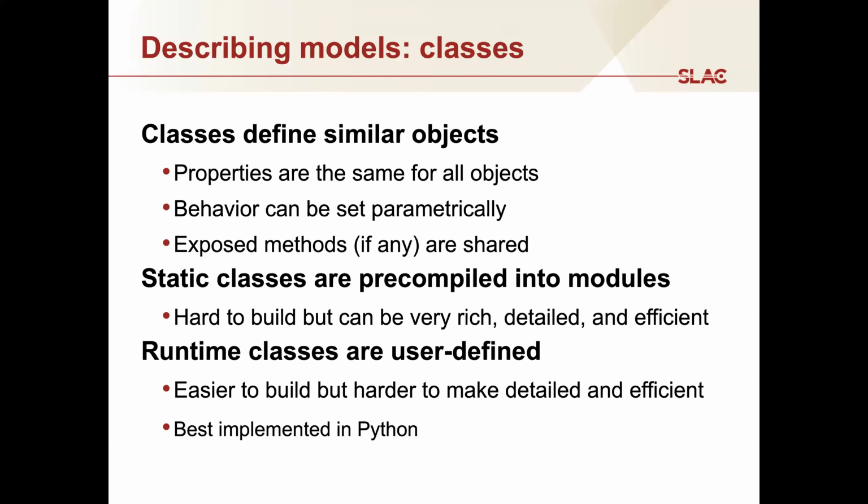Now, within modules, we have these classes. The purpose of a class is to define objects that have similar characteristics, and those characteristics are both properties of those objects. You imagine, for example, a house, it might have a square footage associated with it. Different houses have different square footages, but all houses have square footage. And then some behaviors. Those houses might have different kinds of heating and cooling systems that behave differently. That can be set by the parameters, the properties of the house.